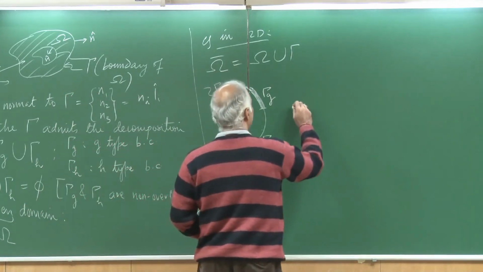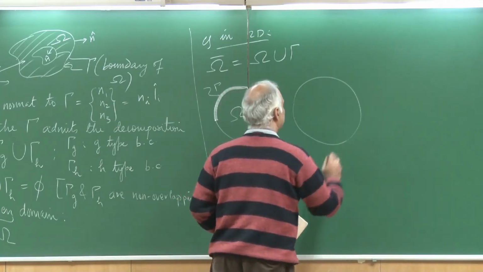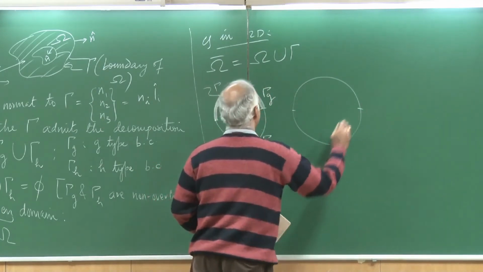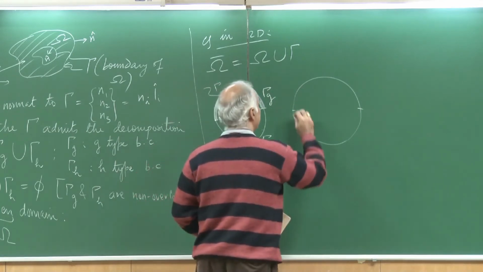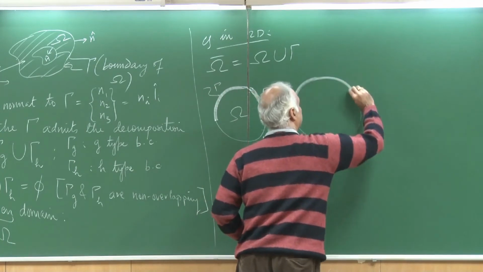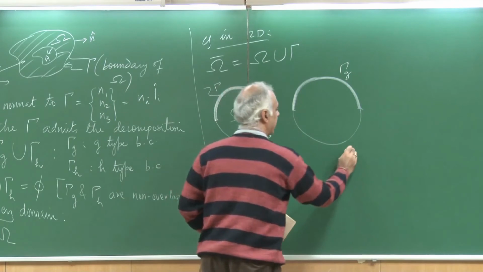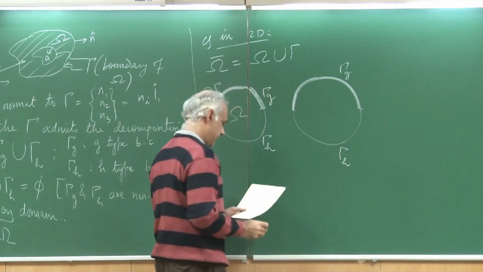So, we are going to draw another diagram to show you what is happening here. So, let us say this is the decomposition and this is the boundary gamma g, and this is the boundary gamma h.